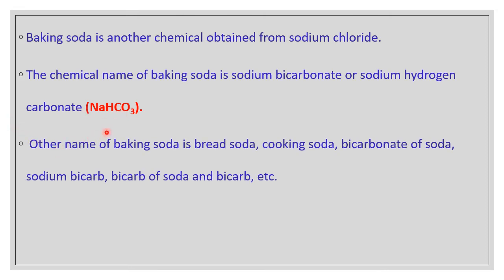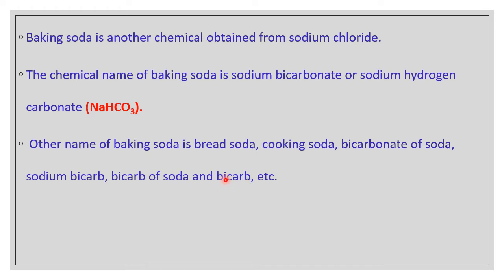Apart from sodium hydrogen carbonate, other common names are very famous, depending upon the area or region. It is also called bread soda, cooking soda, bicarbonate of soda, sodium bicarb, or simply bicarb of soda, or in some areas just bicarb.